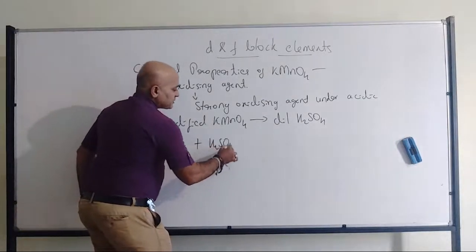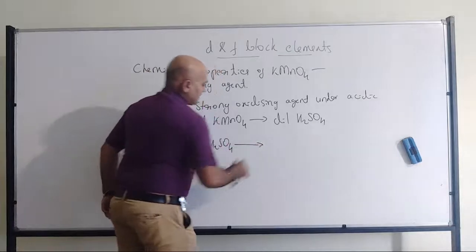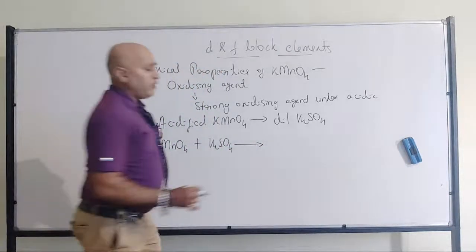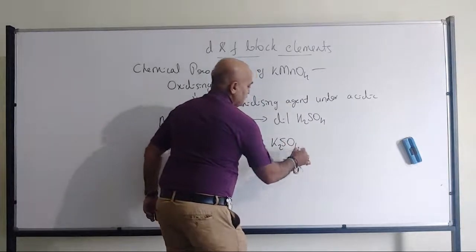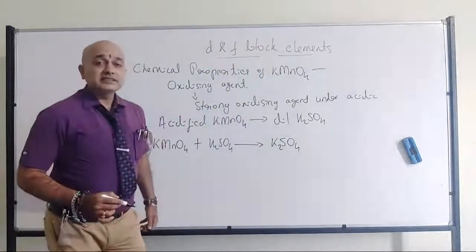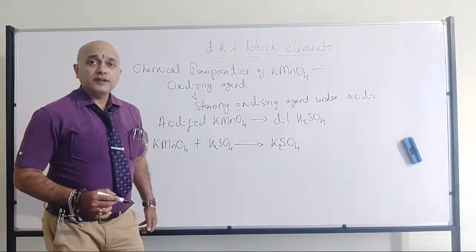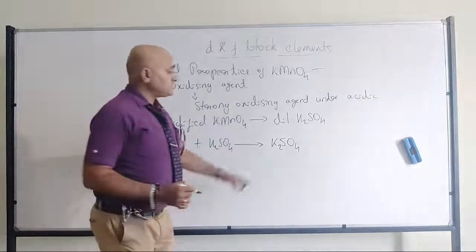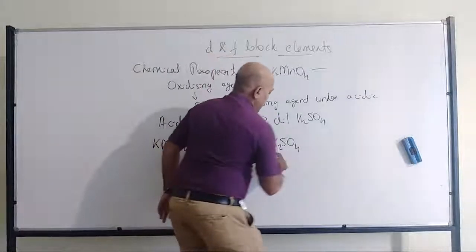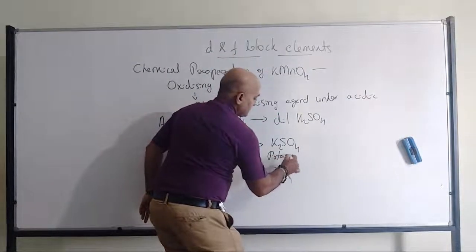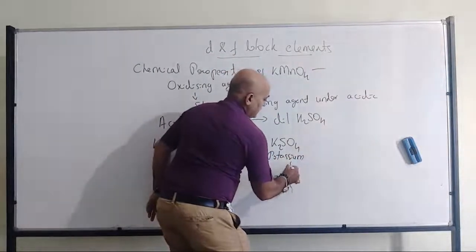When it is present along with the sulfuric acid, there will be formation of K2SO4. That is quite natural because sulfate is minus 2, and to neutralize the 2 charge on the sulfate, 2 potassium is required. So potassium sulfate.